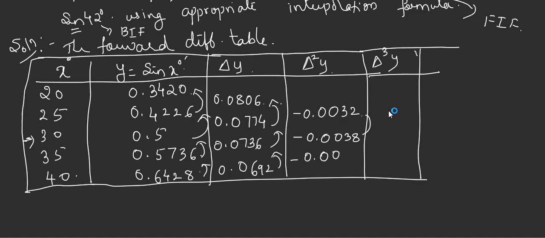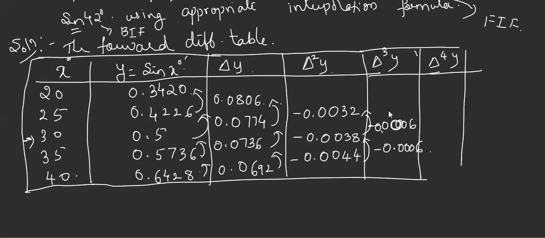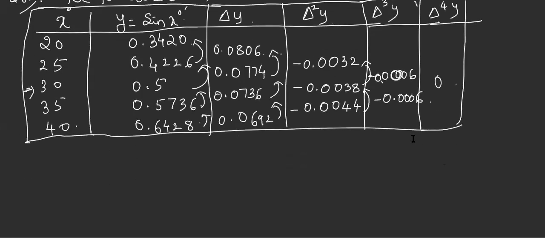Last one: minus 0.0006. What is delta raised to 4 y then? Both are negative here. This minus this.